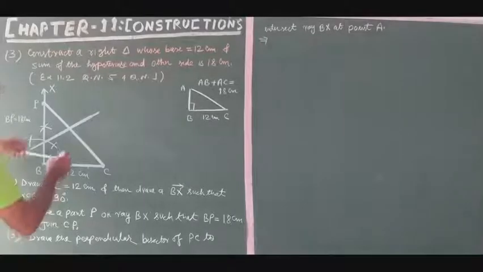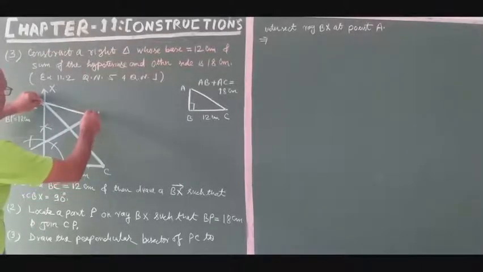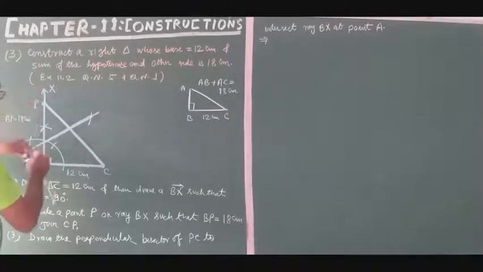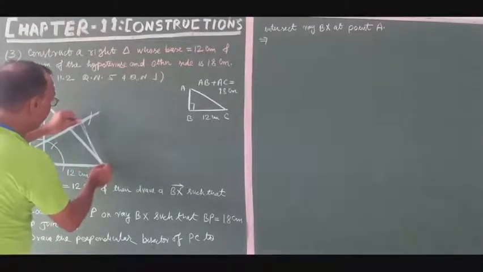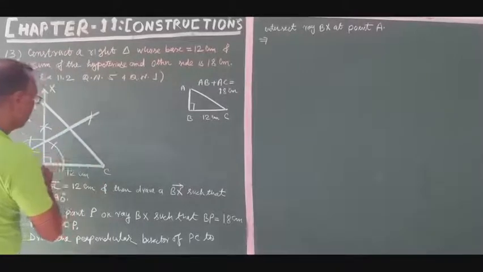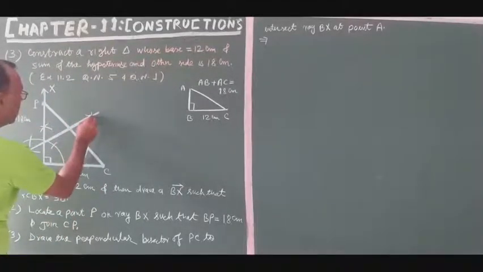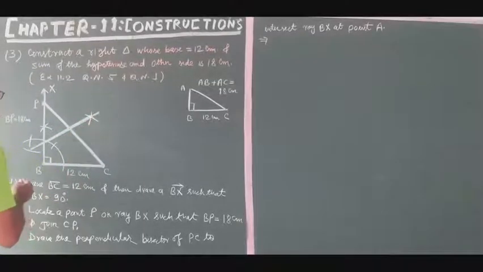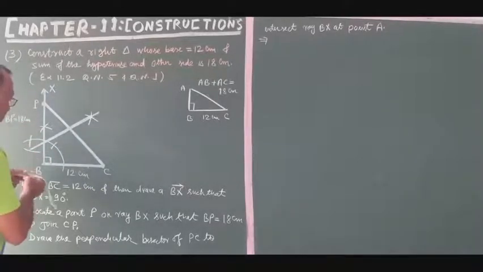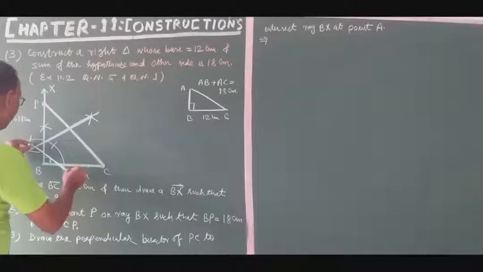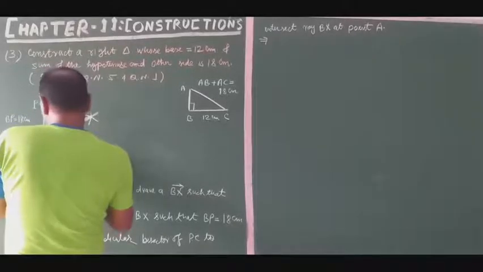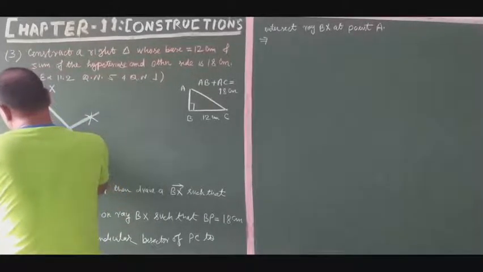We will put the compass here and cut off two arcs like this, and here also. Is it there? And then we will put here, and they will intersect like this, and similarly we will put here at point C, and we will intersect them. From point C we will put like this and construct this arc.